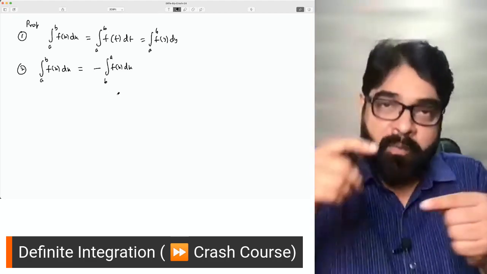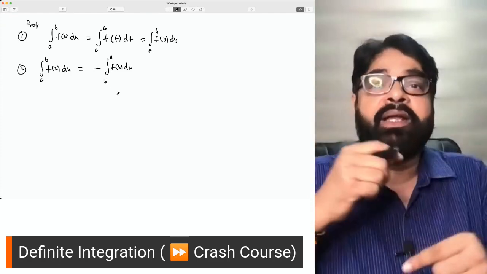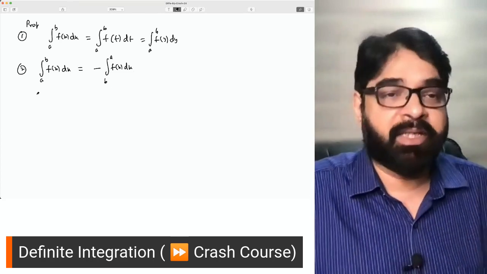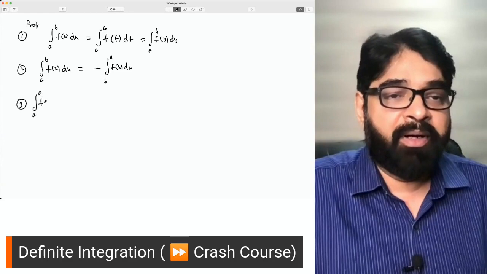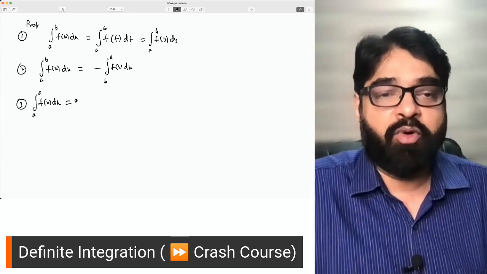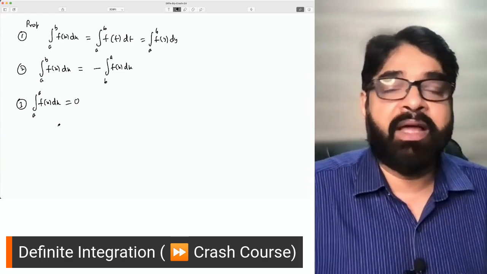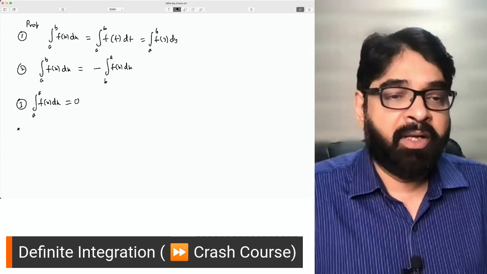Whenever the limits are interchanged, a minus sign has to come in front. That is compulsory. Third one, whenever the limit is the same, the definite integration value will be 0. I hope everybody knows it. Are you getting it?